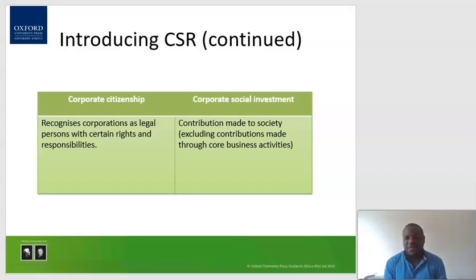That particular commitment can actually be seen as corporate social investment if it is not part of the core business activities of that particular organization. In the Northern Hemisphere, this is also known as corporate philanthropy, like charity work by business organizations.